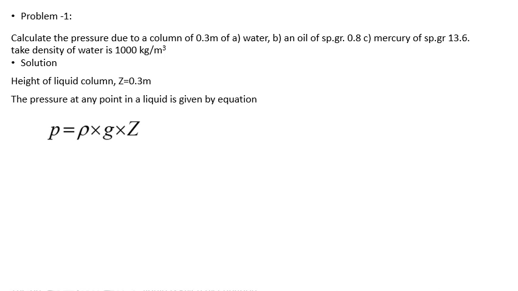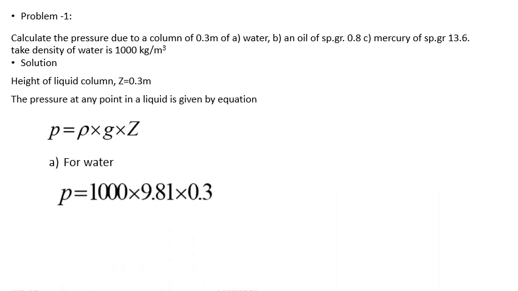Initially, the density of water is 1000 kg per meter cube. So for water, the pressure at the point is equal to the density of water, 1000, multiplied by 9.81 and the height of the column, 0.3 meter.